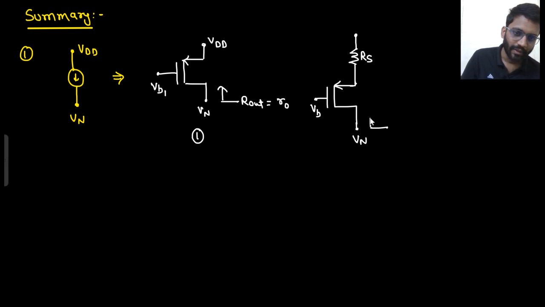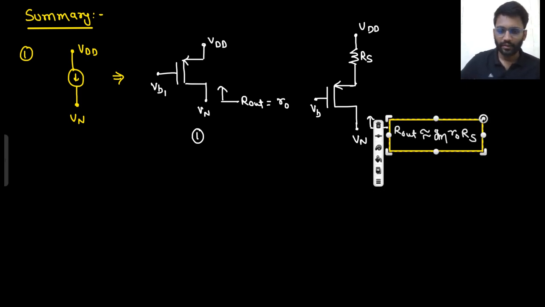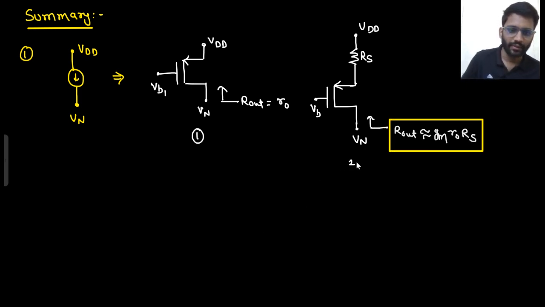So if you look from here, this is VDD. So the impedance would be nearly GM R0 RS. Right?